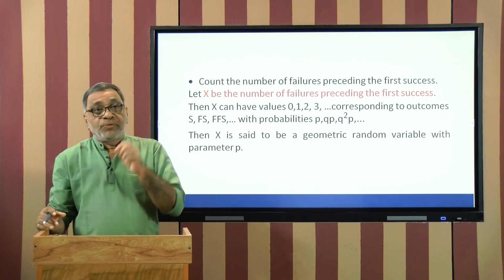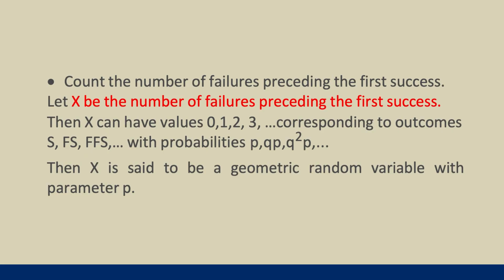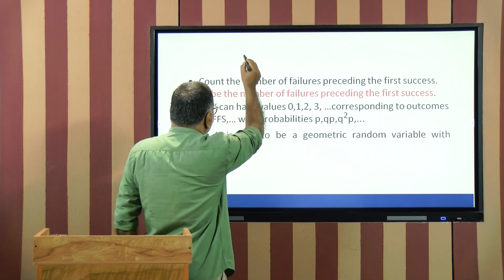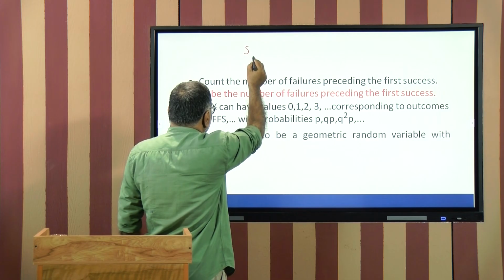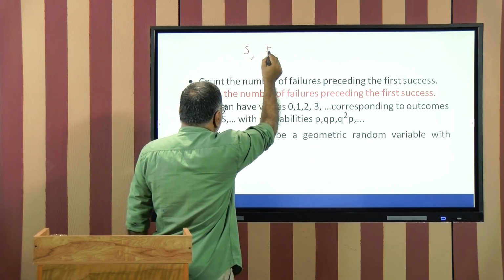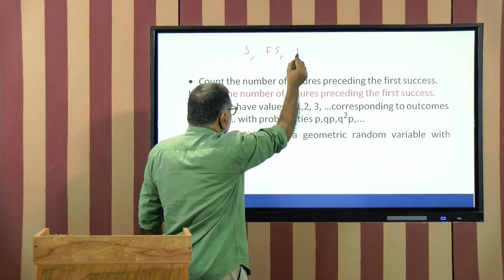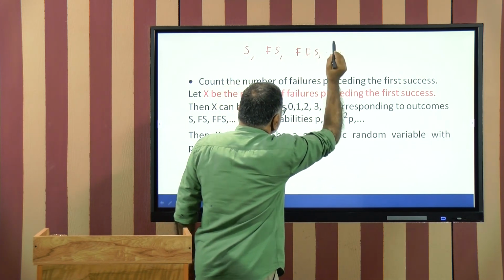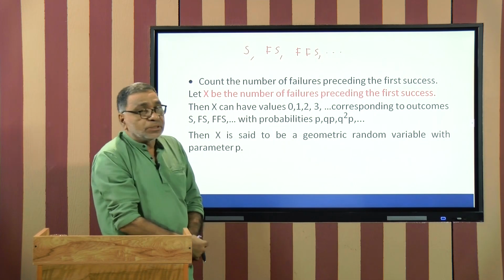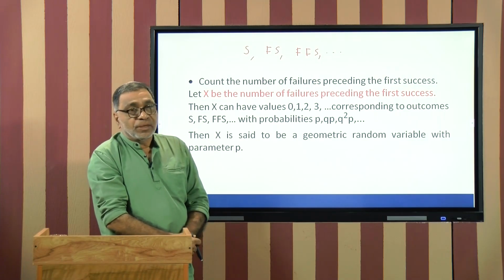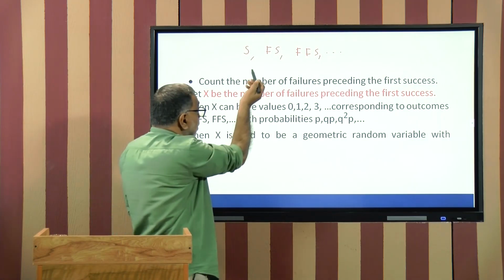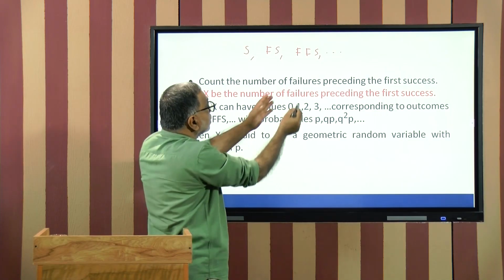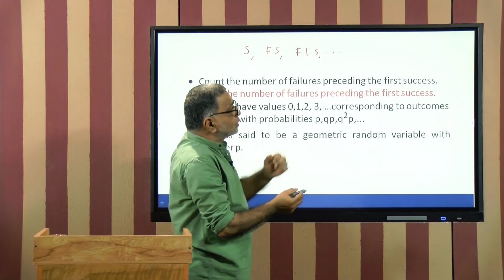What we are doing here is counting the number of failures preceding the first success. Earlier we had the outcomes: S, or FS, or FFS. These are the events we have, and you count the number of failures preceding the first success.